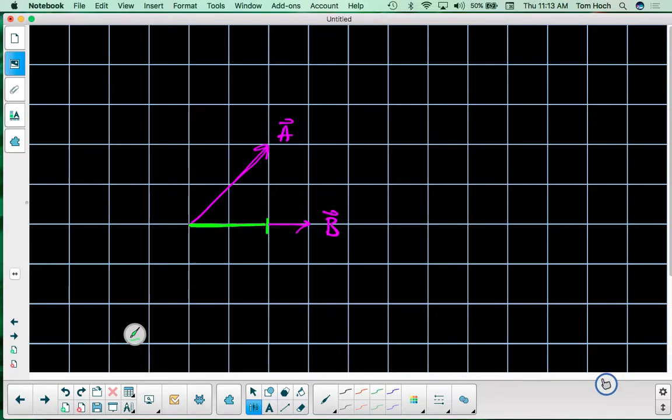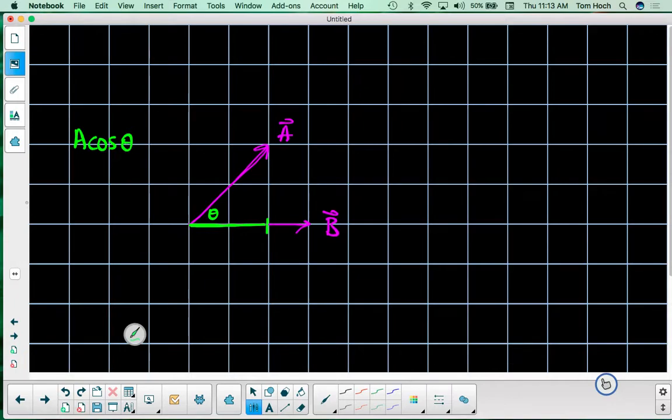Remember, we're defining this as theta, right? A cosine theta is the green line. But it's 2, I can look at it and see it's 2. Now, I'm taking advantage of the fact that this is calibrated already, right? So that part is 2, and the length of B, well, that's 3.